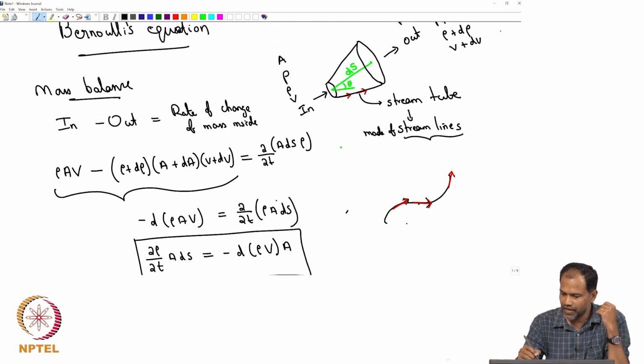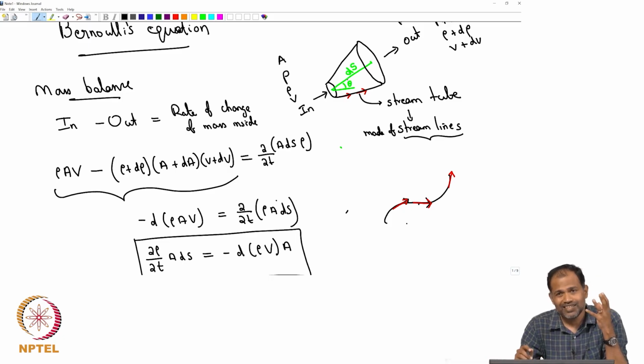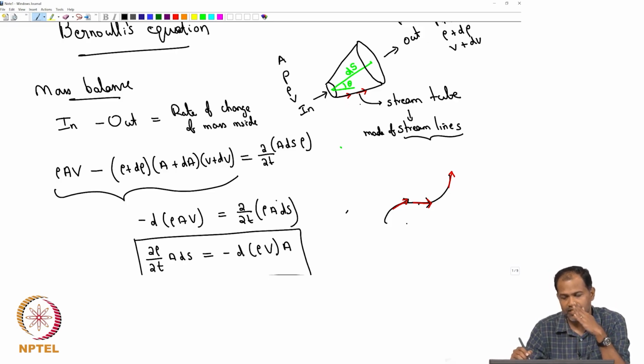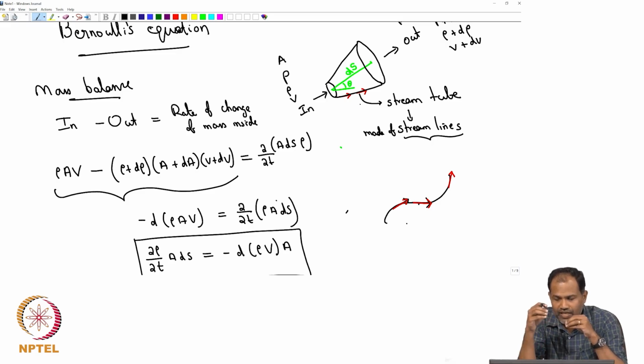So, here we have A as the inlet area, ds is the length, and gravity is acting downwards. Only thing is that the element is actually going up at a particular angle. So, we need to find out the component of gravity that is acting along the ds direction.